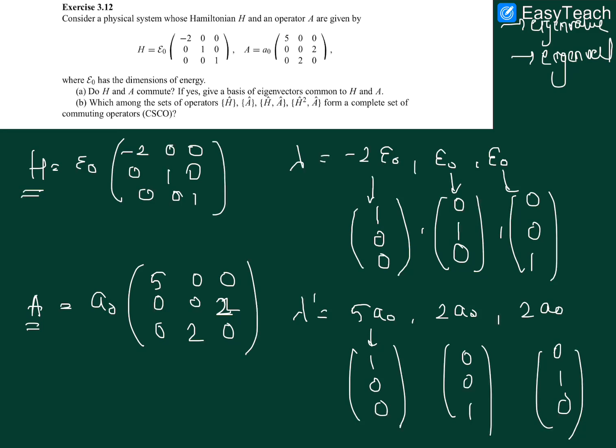Let me denote these eigenvectors as h1, h2, h3, a1, a2, a3. Now we can see that the basis of eigenvectors is common in these cases.